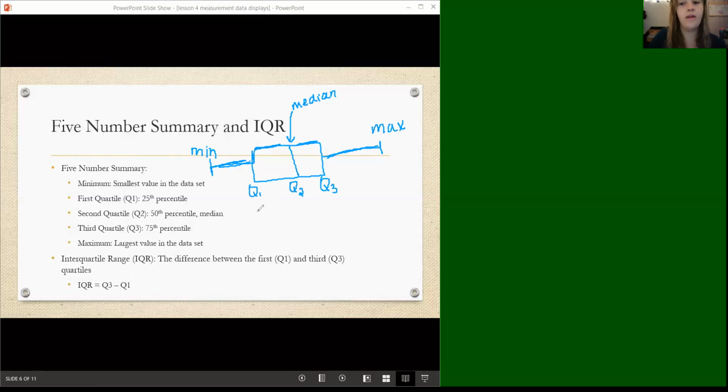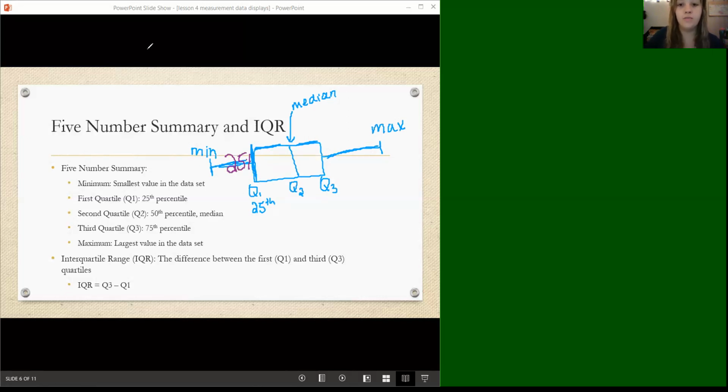So if we think about quartiles, quartiles like quarter, so 25, that's a way to think about it. So here our Q1 is in the 25th percentile, which means that 25% of the data lies at or below Q1. Okay, so to give that a visual, this is going to be 25% of our data, okay? Because 25% lies at or below Q1.